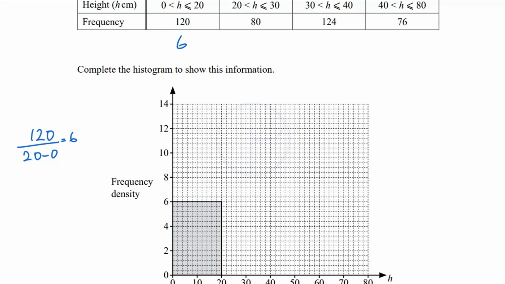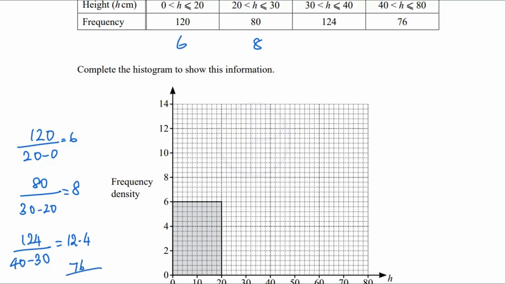For the next value, it will be 80 divided by 30 minus 20, which is 80 divided by 10, so 8. And next 124 divided by 40 minus 30, which is 12.4.